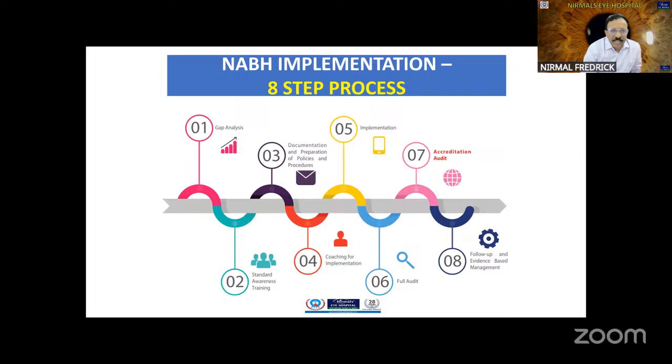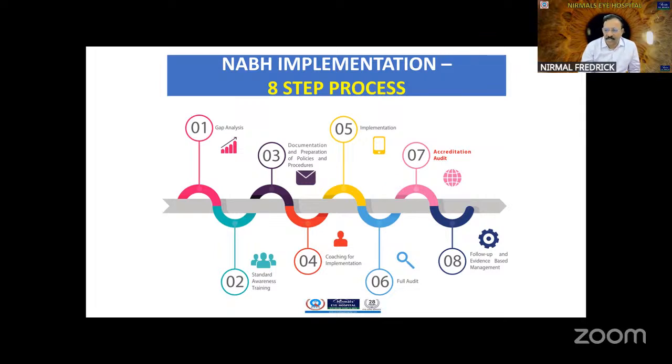There is an 8-step implementation process. To start with, you need to find the gap: what are all the standards required to be implemented, and what exists in the hospital? This is called gap analysis. Then we have to train the people about the standards.